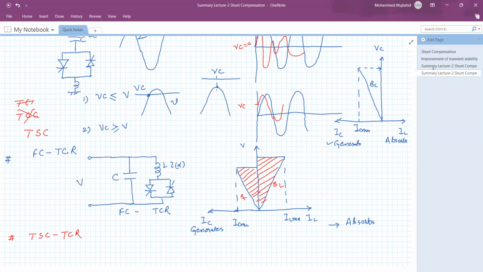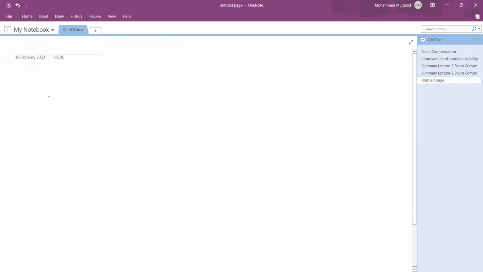Now the next, which is very important, is the STATCOM. So what is the STATCOM? This is the second part of the variable VAR generation, and this is VAR generation by a switching converter base.